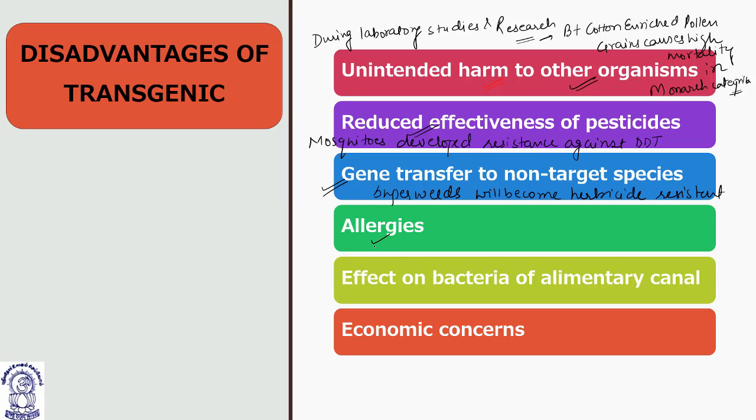In animals, the disadvantages of transgenic plants are that they can produce allergies. The enzyme produced by antibiotic resistance genes can cause allergy.